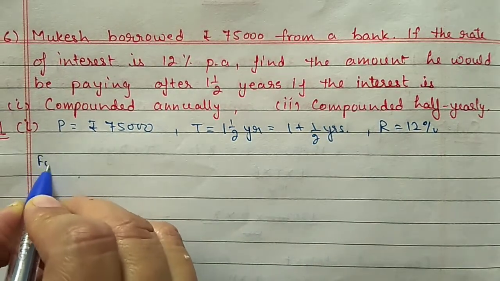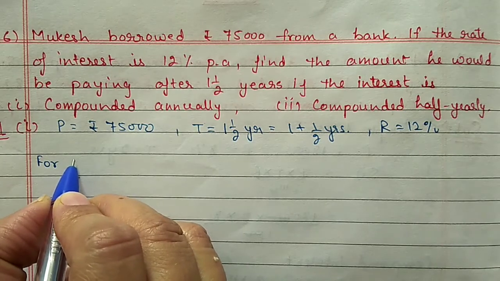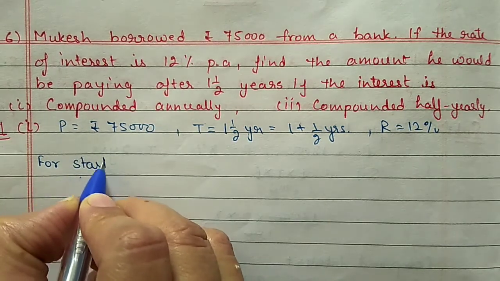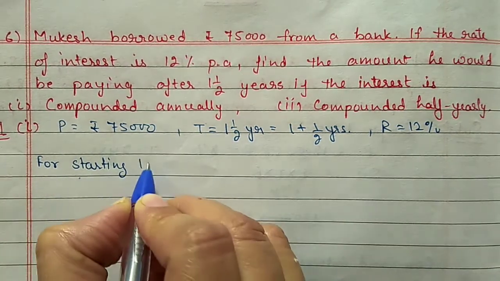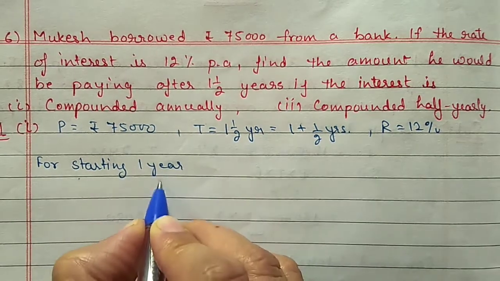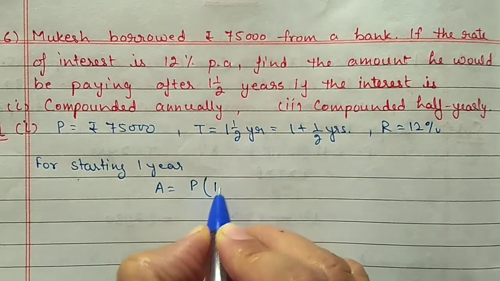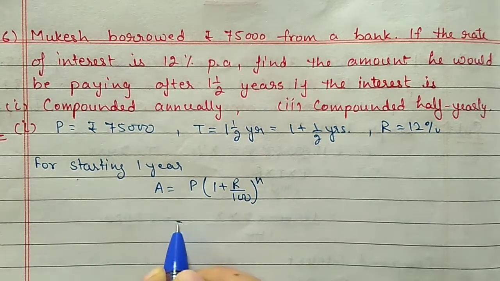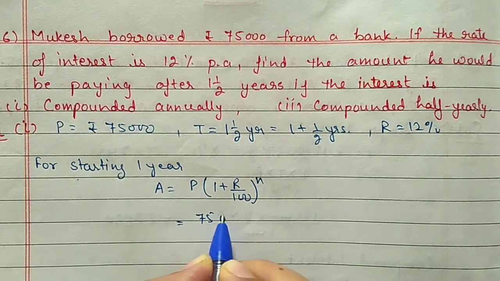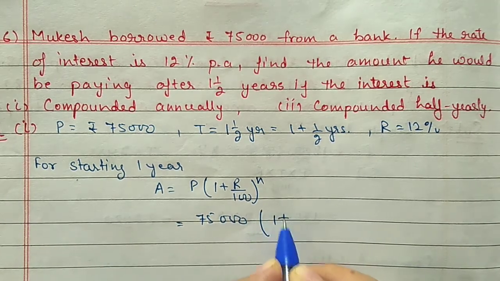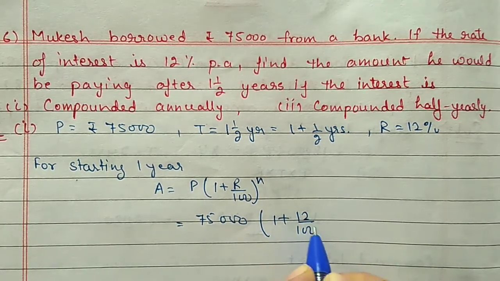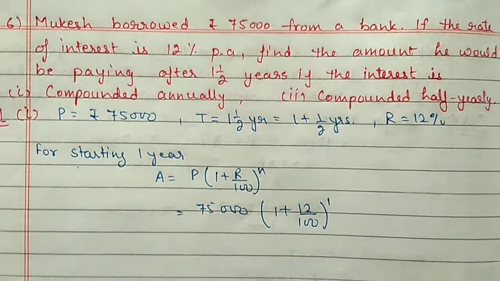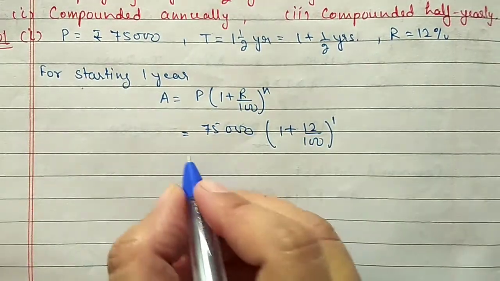So for the first year, amount is equal to P into (1 plus R by 100) to the power N. So principal money is 75,000. 1 plus rate of interest 12 by 100, and we are calculating for the first year, so power will be 1.